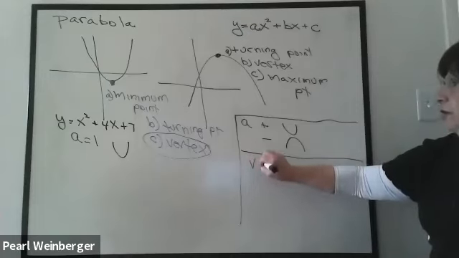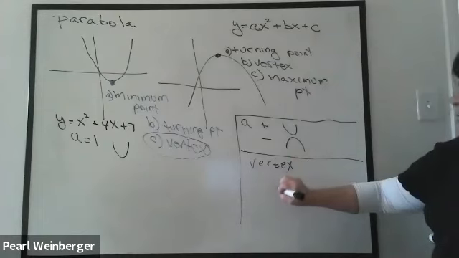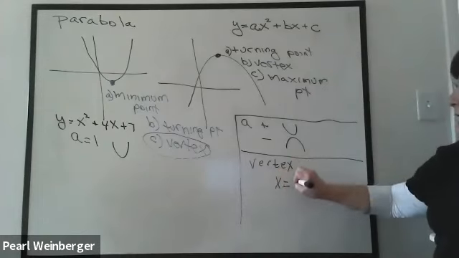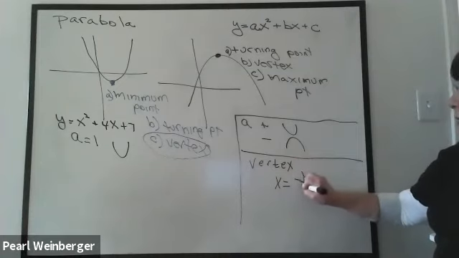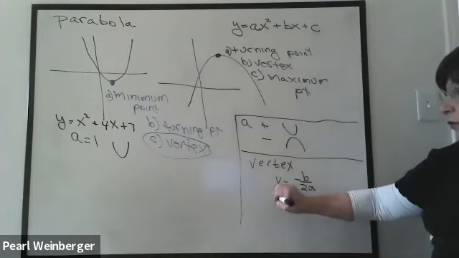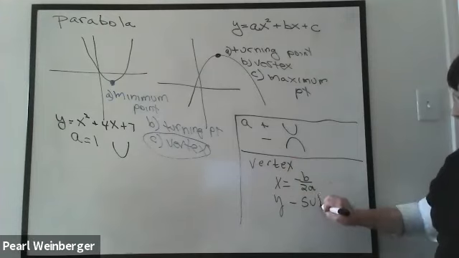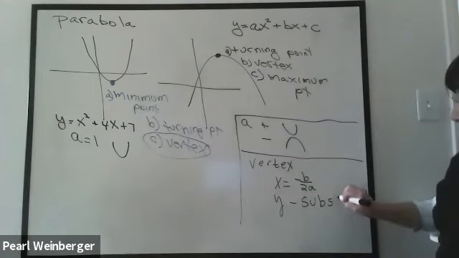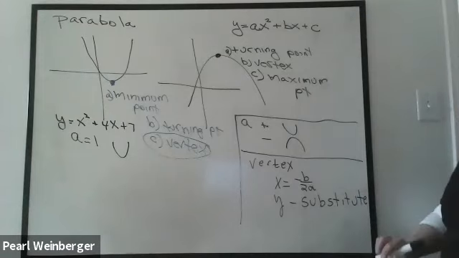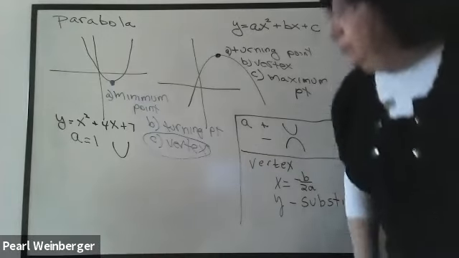To find the vertex of a parabola, you use the formula x equals negative b over 2a to get the x value, and you find the y value by substituting the number you get for the x into the equation. Let me demonstrate it with this example.